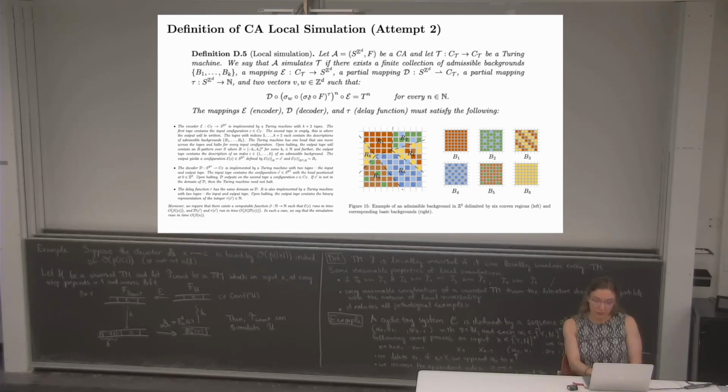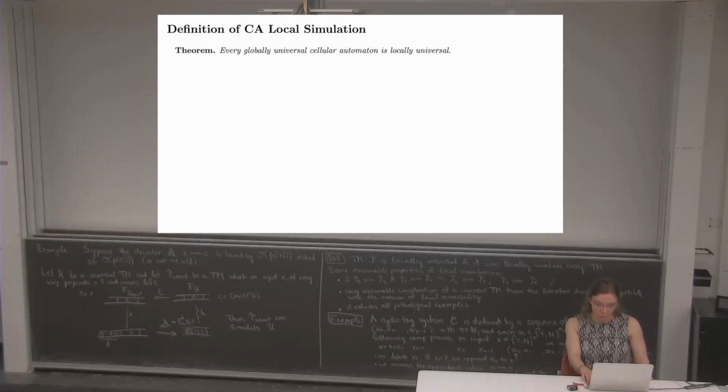So this is now allowed by these two shift operators, which always shift the relevant information back around the origin, and the decoder can just access this information around the origin to decode in some computationally bounded way. So once you extend the definition of a CA simulating a Turing machine to this more general sense, it is compatible with rule 110, and it also shows, so I already discussed this theorem.